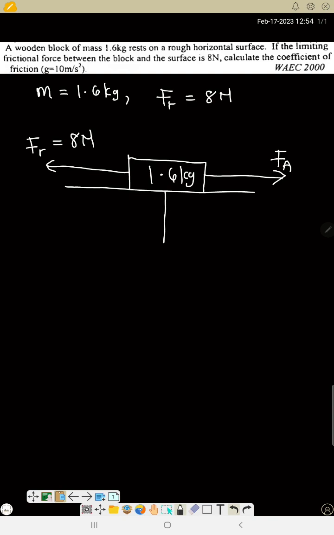Remember, weight usually acts downward, so W is equal to mg, that is 1.6 times g, where g is gravity. I will take it to be 10, and it's given in the question that I should take it to be 10. So weight is now equal to 16 Newton.